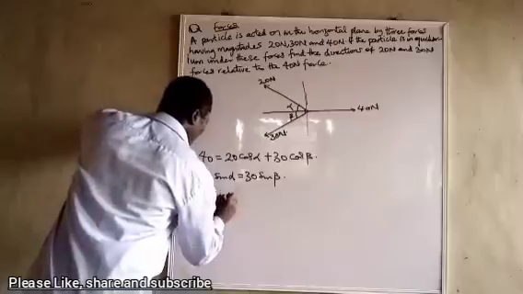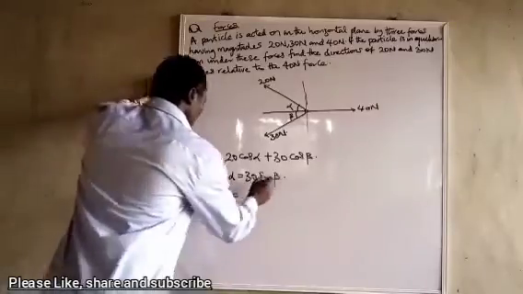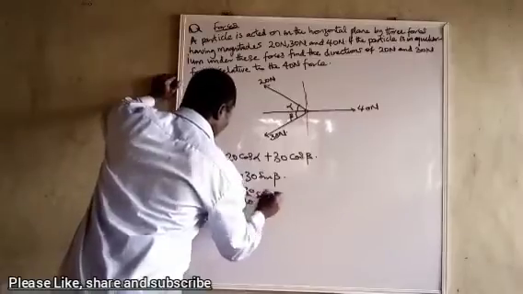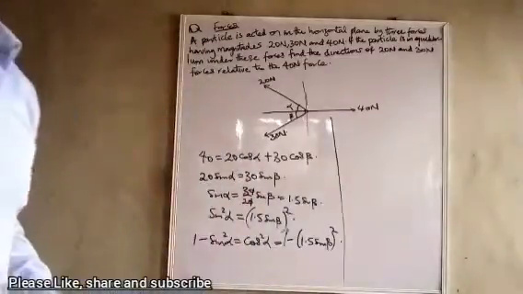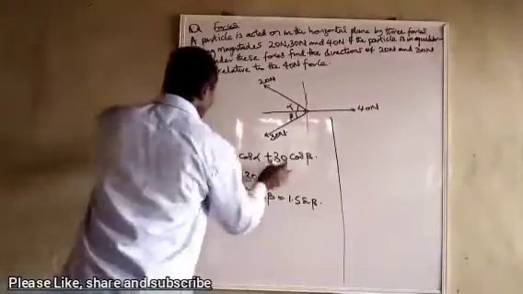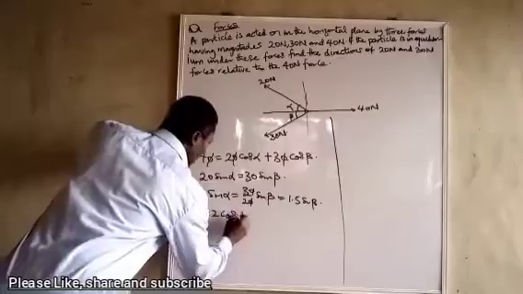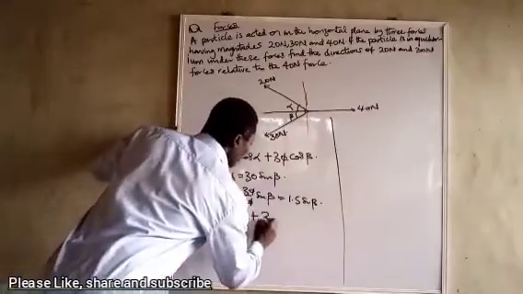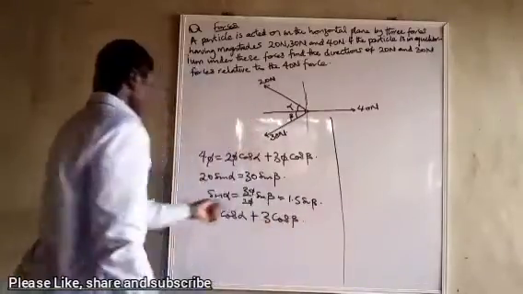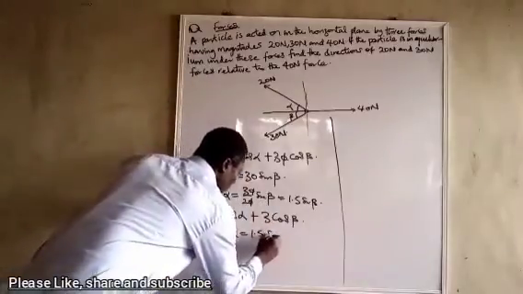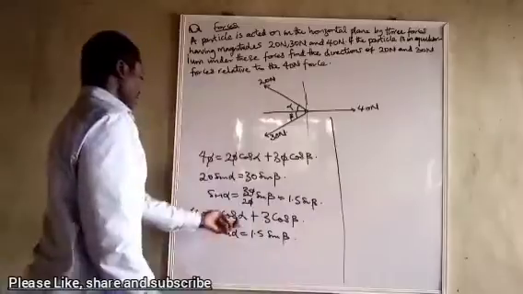So sine alpha will be equal to 30 over 20 sine beta. Okay, let me divide it through by 10. So I have 4 equals 2 cos alpha plus 3 cos beta. And I know that sine alpha is equal to 1.5 sine beta.